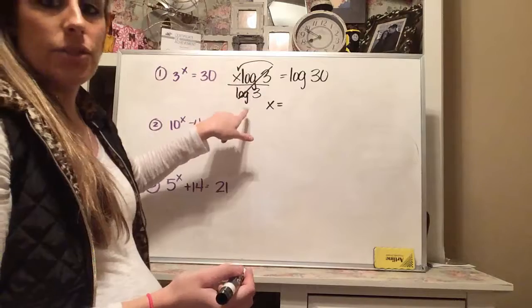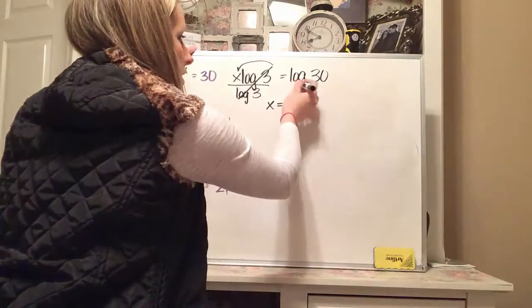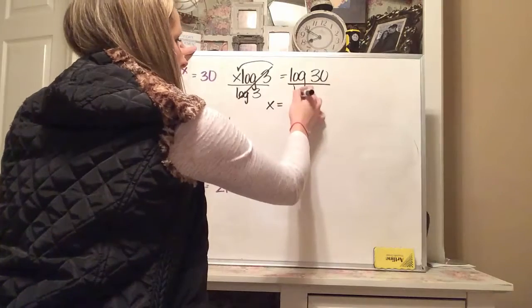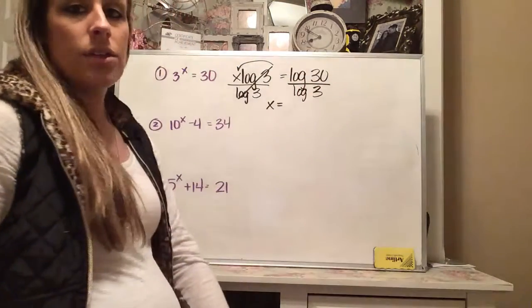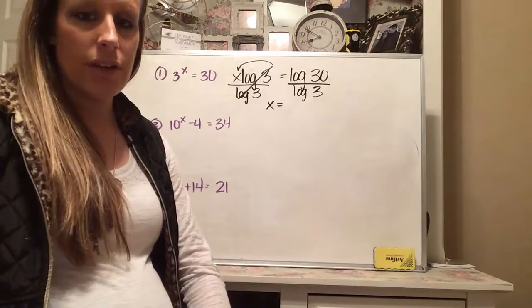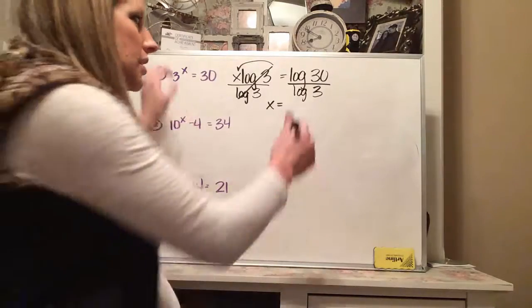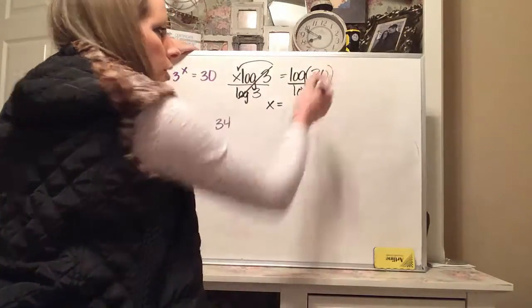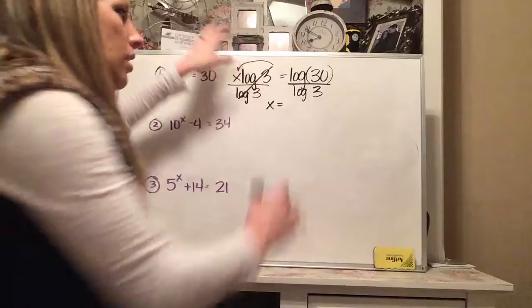Now, what I do to one side, I have to do to the other. So I'm going to take the log of 30 divided by the log of 3. I want you to punch that in your calculator. Remember from last week, you have to have those parentheses closed on the numerator before you press divided by log of 3.